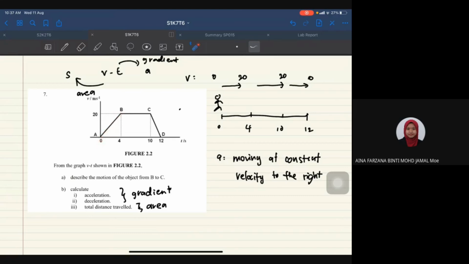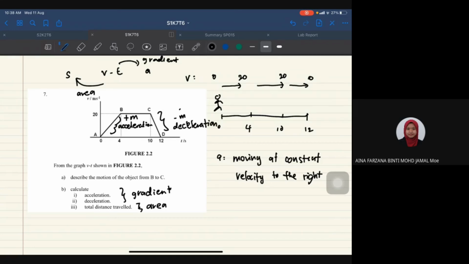Because this one is pointing to the right. So this one is acceleration. Okay, this part they pointing to the left, M is negative. So this will be deceleration.